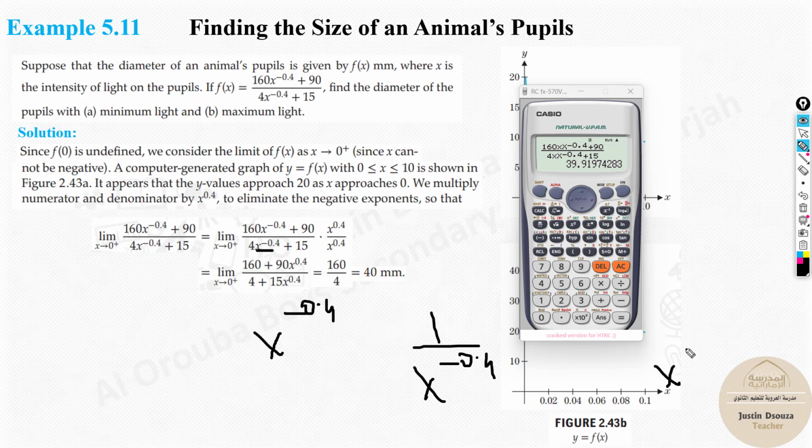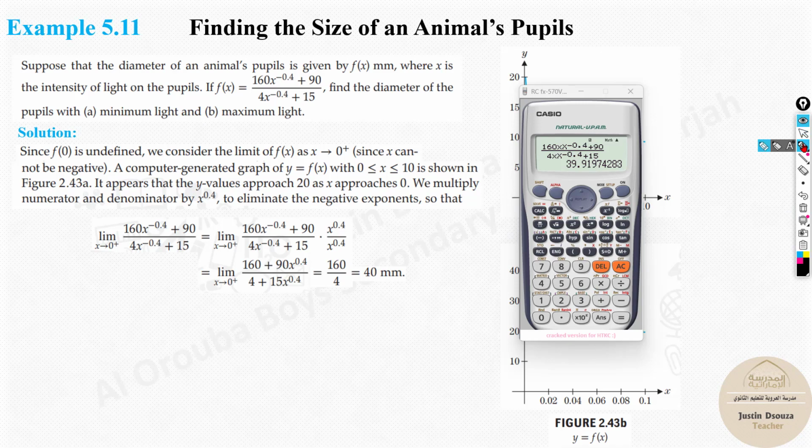It goes up and it is x to the power 0.4. So therefore you multiply up and down by x to the power 0.4. So basically this will be nullified, and over here it will remain with 90 and this. So what happens is this will become 0. You're remaining with 160 by 4, and that's the answer, 40.